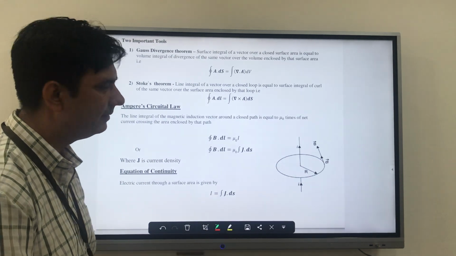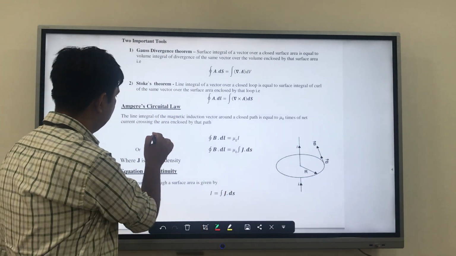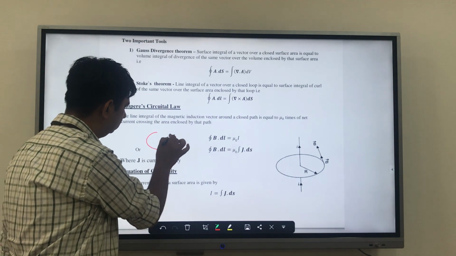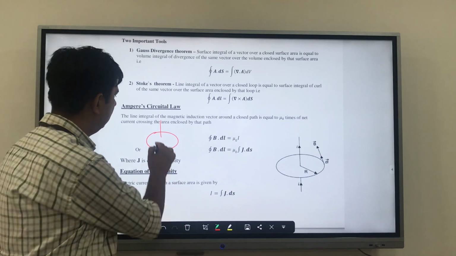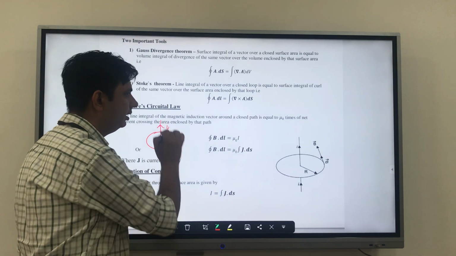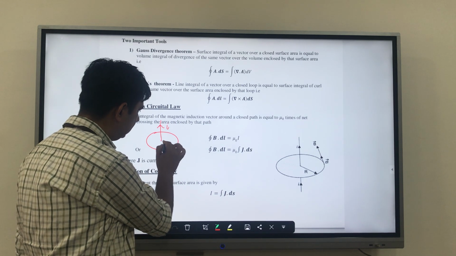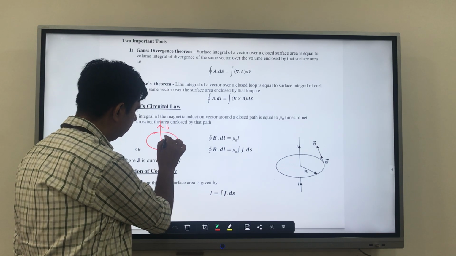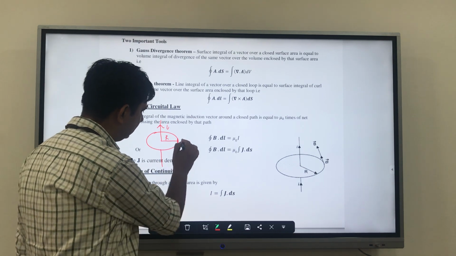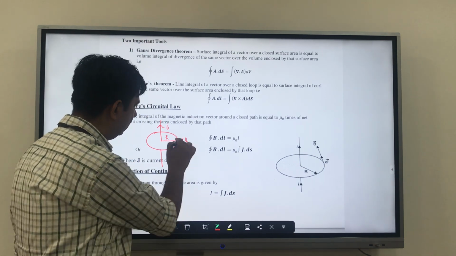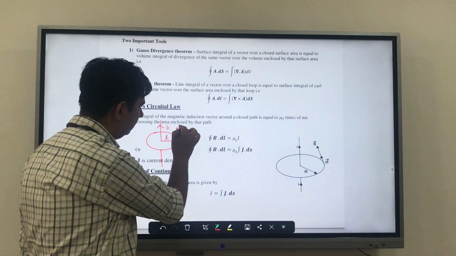Suppose we have a loop and a current going here, and I take a distance r from here and a small element dl over here, and this is the magnetic field.